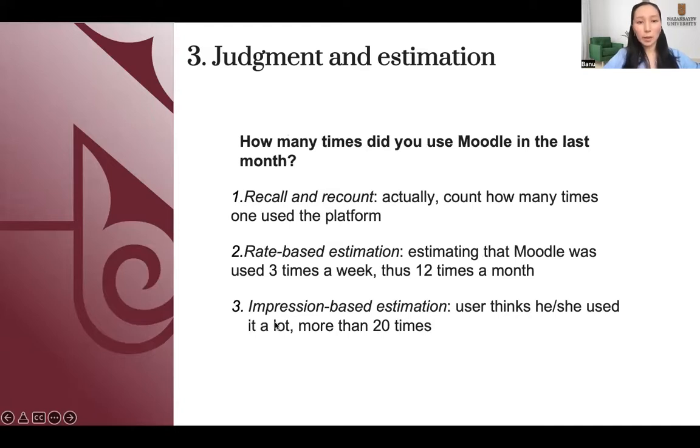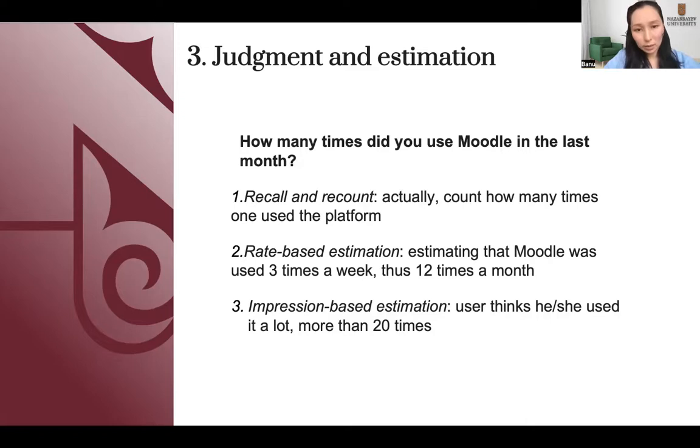Just to provide an example, how many times did you use Moodle in the last month? If you ask a student this question, the first student can actually recall and recount from memory how many times they've used the platform. The second might think, oh, I use it at least 3 times a week, so probably it's about 12 times a month.